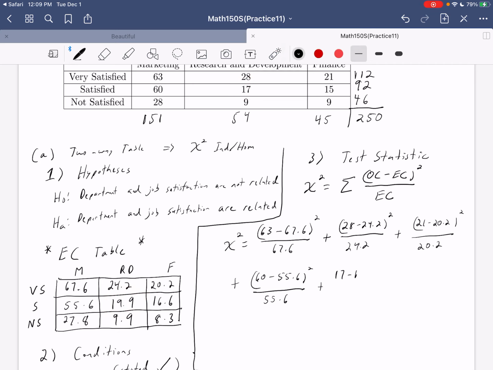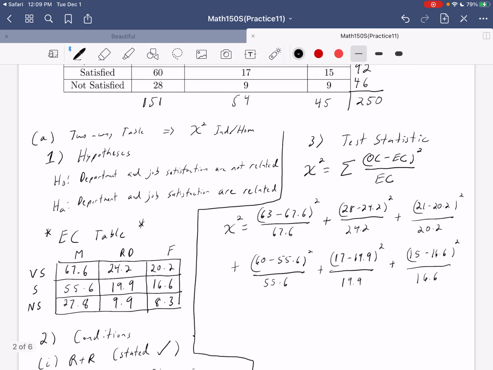So 17 minus 19.9 squared over 19.9. And then 15 versus that 16.6. So 15 minus 16.6 squared over 16.6.